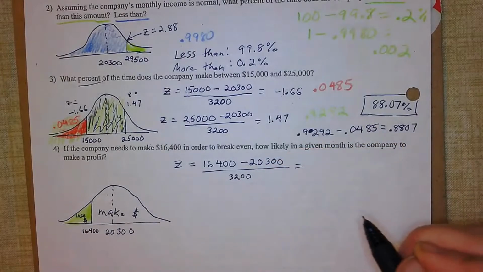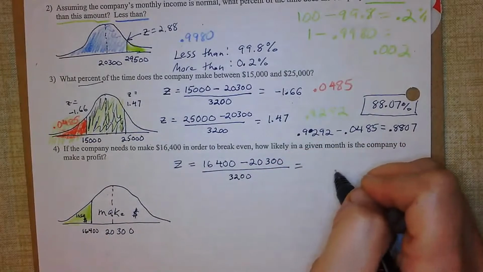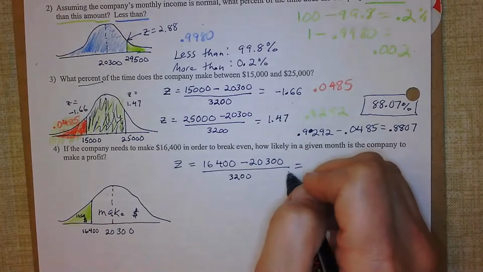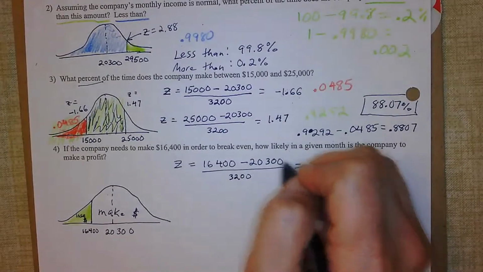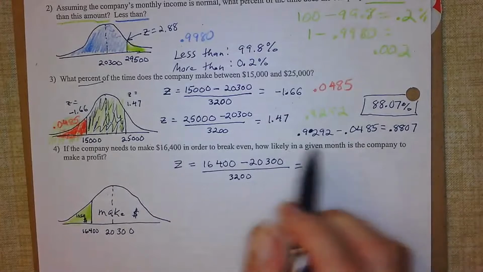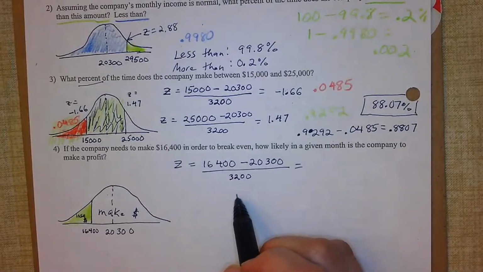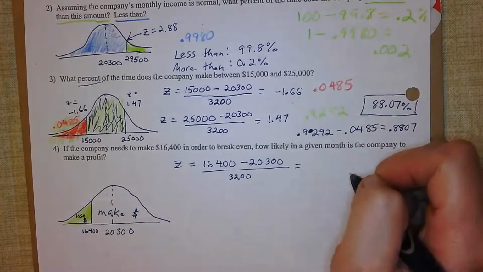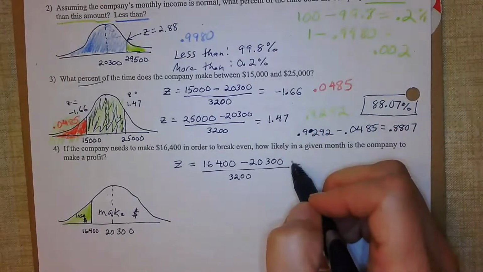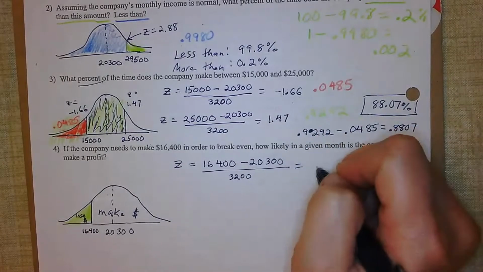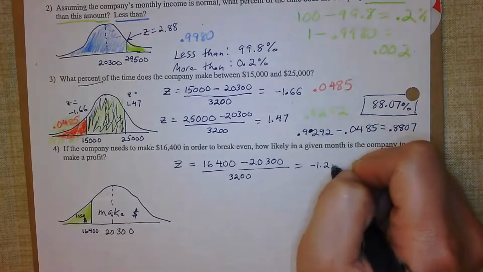Just as a side note, a common mistake people have when doing their Z-values is sometimes they'll type it all in at one step and press enter. Remember, you want to subtract first and then divide. Otherwise, if you're using a graphing calculator, if you don't press enter before you divide, it gets angry and gives you the wrong answer.